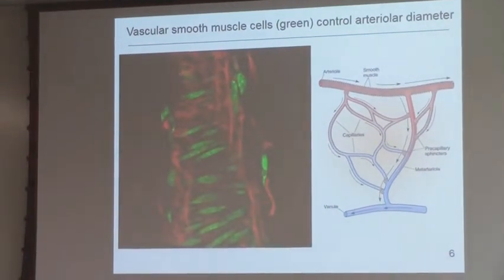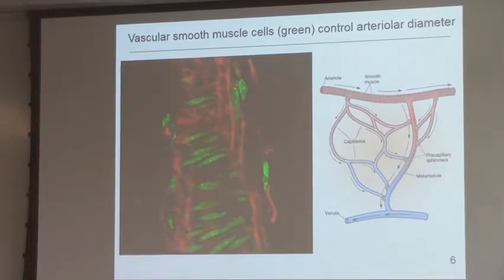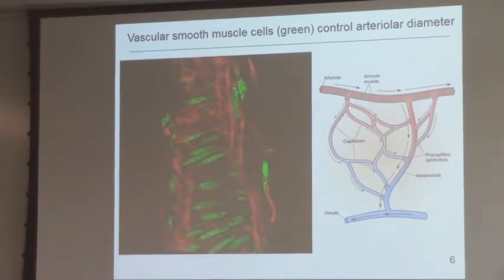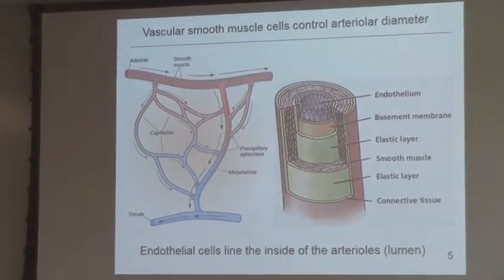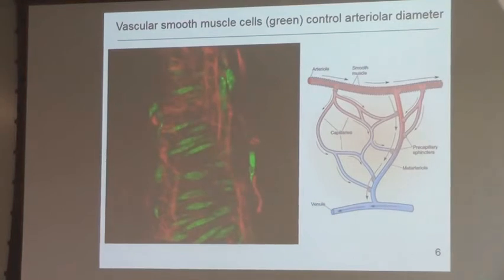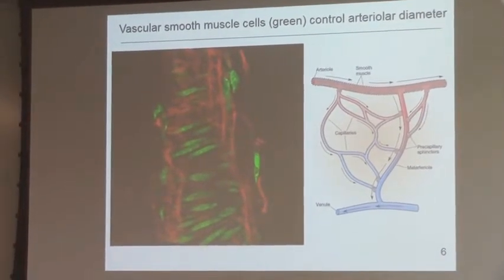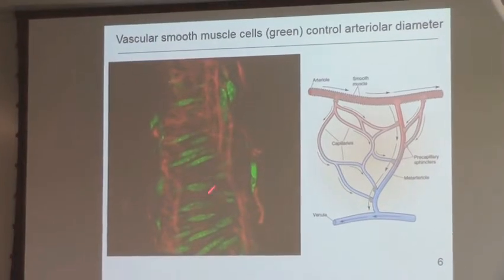Here's a micrograph that shows you that, so the vascular smooth muscle is stained in green here. I don't even know what the red stain is, but the cartoon of the vascular smooth muscle is based on an experiment that shows the vascular smooth muscle, both longitudinal and circular.